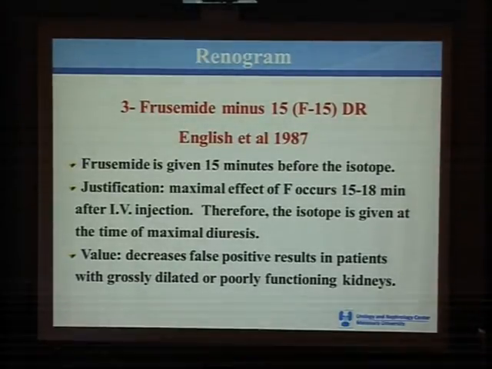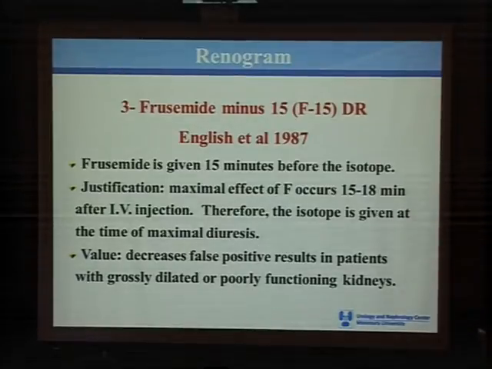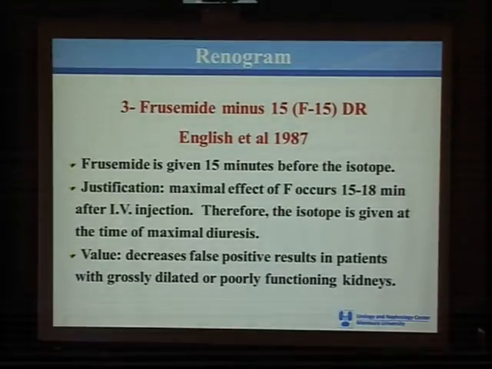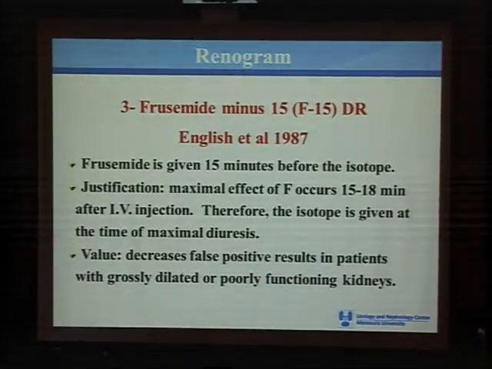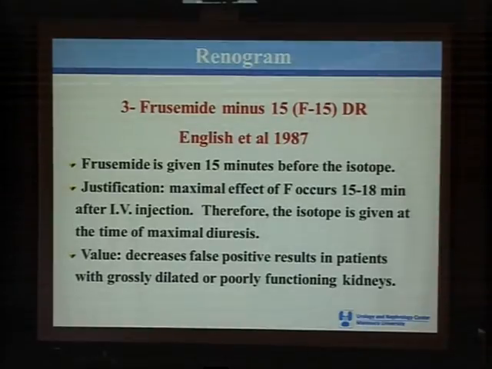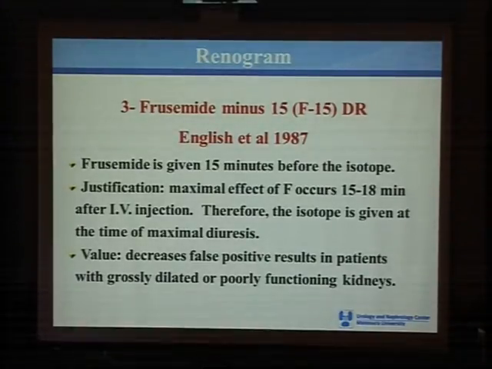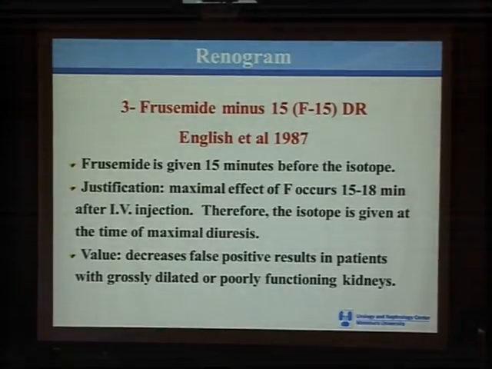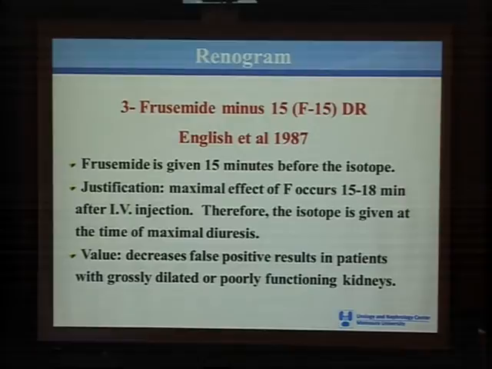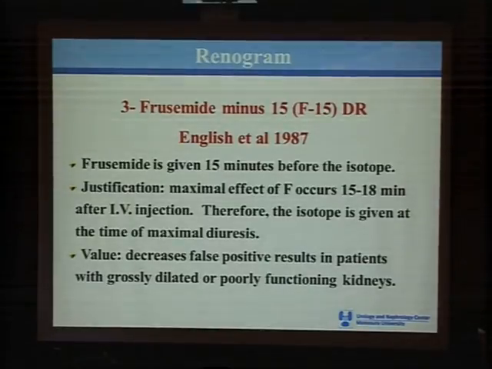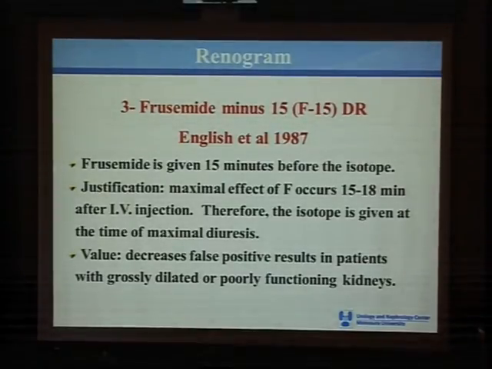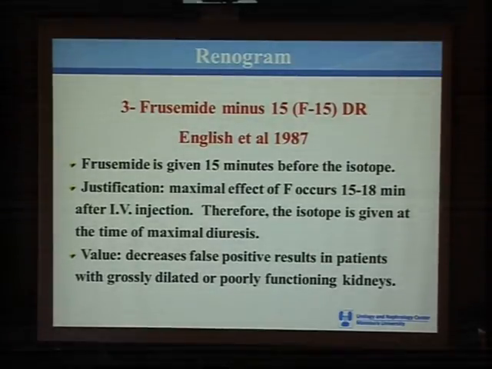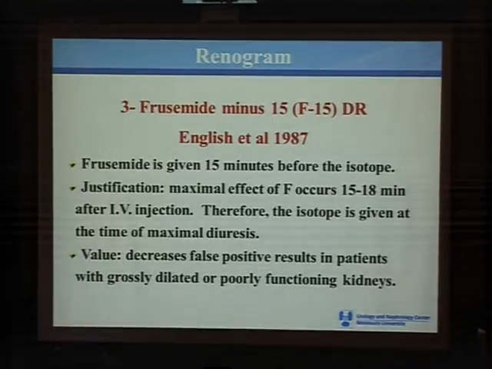So if you inject the furosemide 15 minutes before injection of the radioisotope, then the pelvicalyceal system will become filled with urine because 15 minutes passed. Then you inject the radioisotope. So this will overcome the limitation of diagnosis of obstructive uropathy in a hugely dilated system, or if the glomerular filtration rate is less than 15 milliliter per minute.